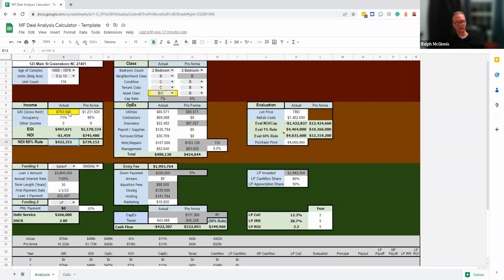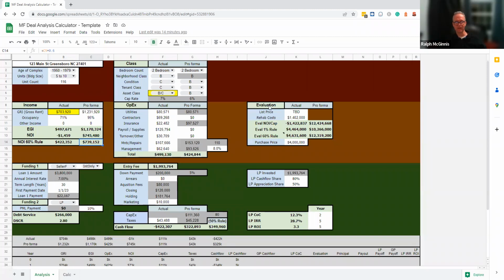So if we take this gross rental income times 60%, we get the 422 instead of the negative number. So we could base our evaluation off of that 422. On the pro forma side, this is the 60% rule for the NOI, which is fairly close to our pro forma NOI. This is 739, this is 745. You can see they're in the ballpark. So that 60% rule is pretty good. It gets you close enough to work.